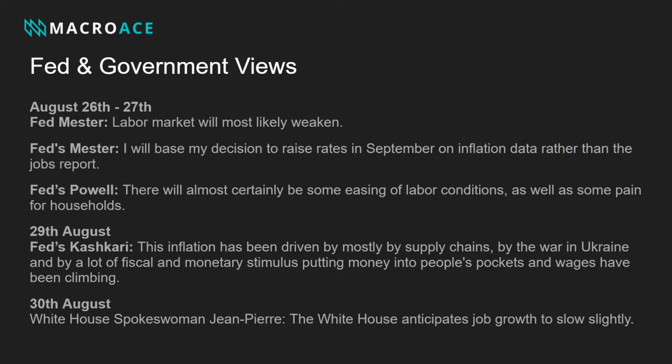On the 30th of August, White House spokeswoman Jean-Pierre said the White House anticipates job growth to slow slightly. That's more or less factored into the median estimate that we have of 298K. Whether we get anything much lower than that would be a telltale sign that the hot read we had last time is more of a hot flash within the economy.